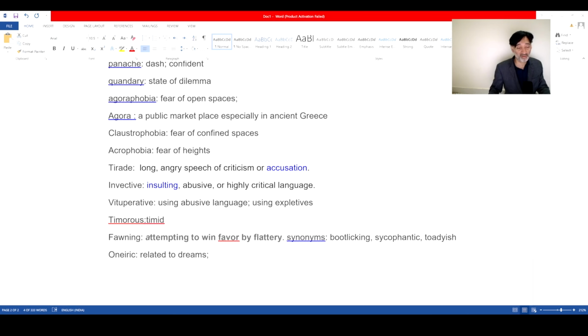Let's move on to another word. Eulogy is what? Praise. Eulogy is a praise. A writing or speech which praises someone is also a eulogy.